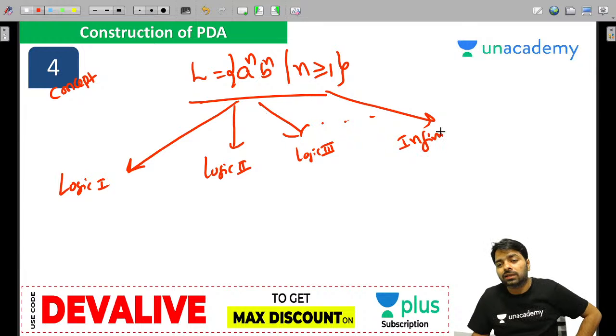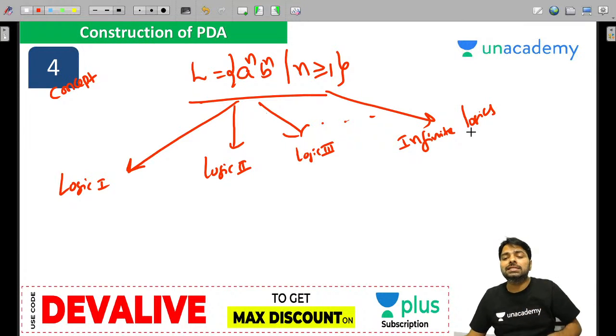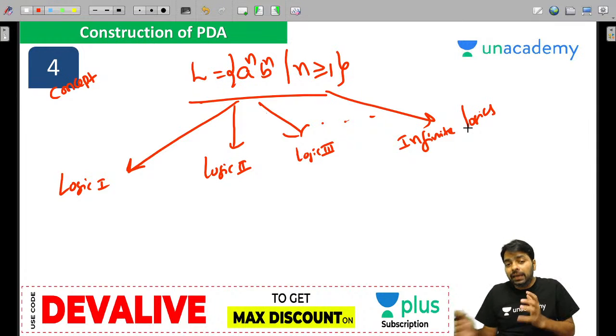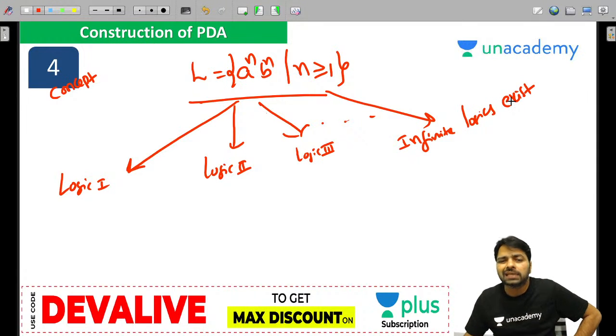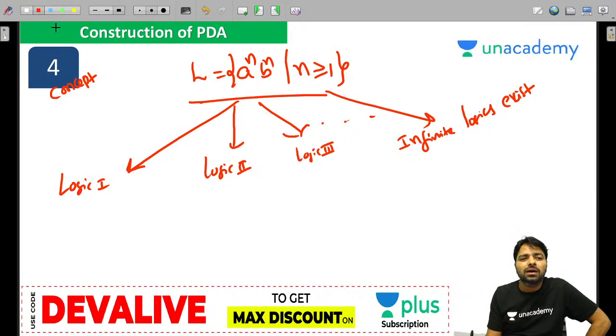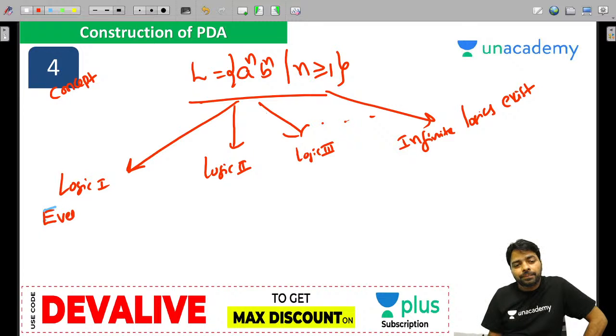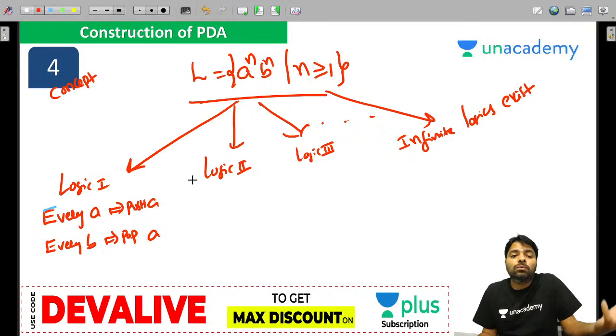Infinite ways you can design this DPDA or PDA. Example, look at that. I'm writing the logic, guys. Every A, push A. Every B, I pop A. This is how you design one logic.